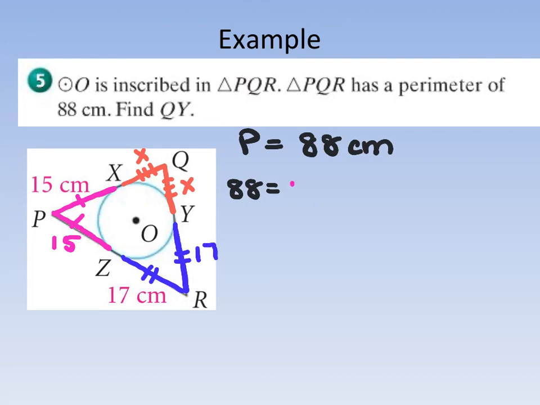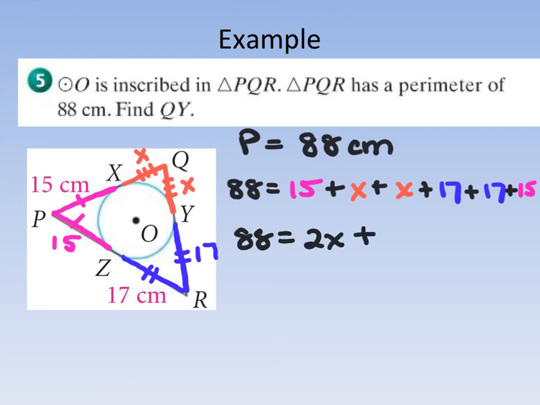So you have 15 plus x plus x plus 17 plus 17 plus 15.